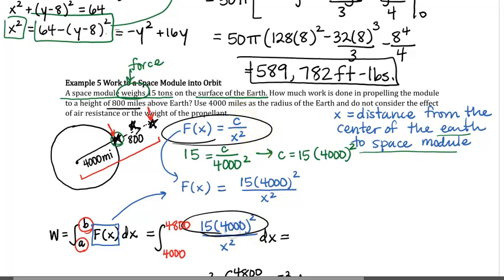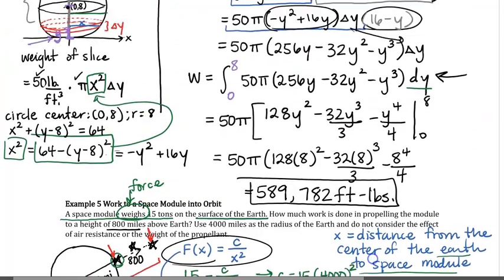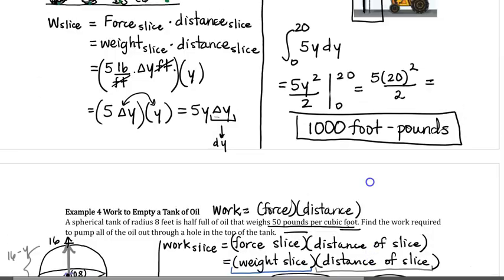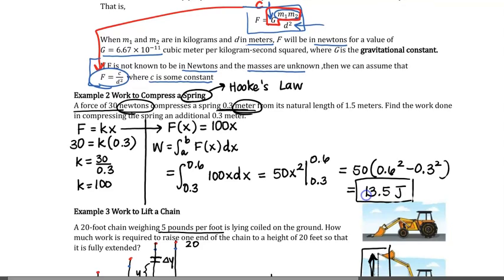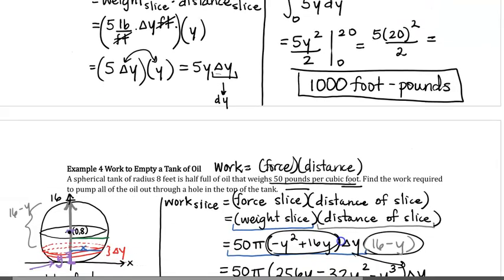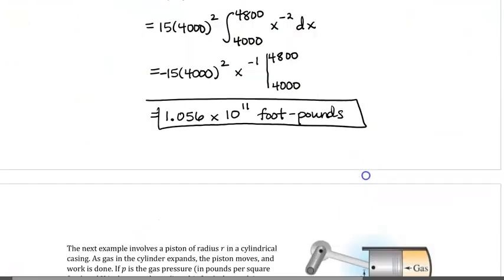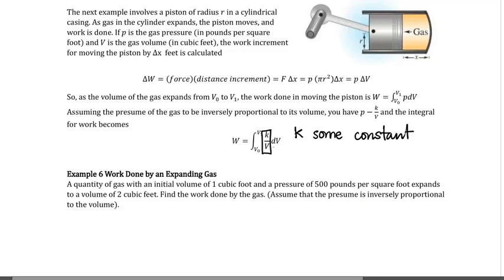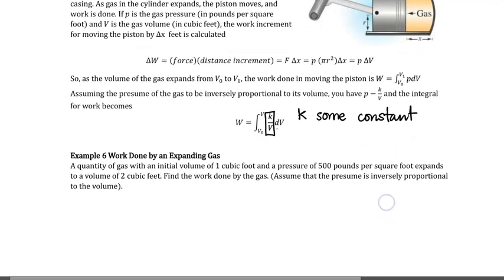So this is like a k, some constant value. In the problem for Hooke's law, we are integrating kx. That's it. So a lot of this lesson, these applications, is being able to know what these force functions are.